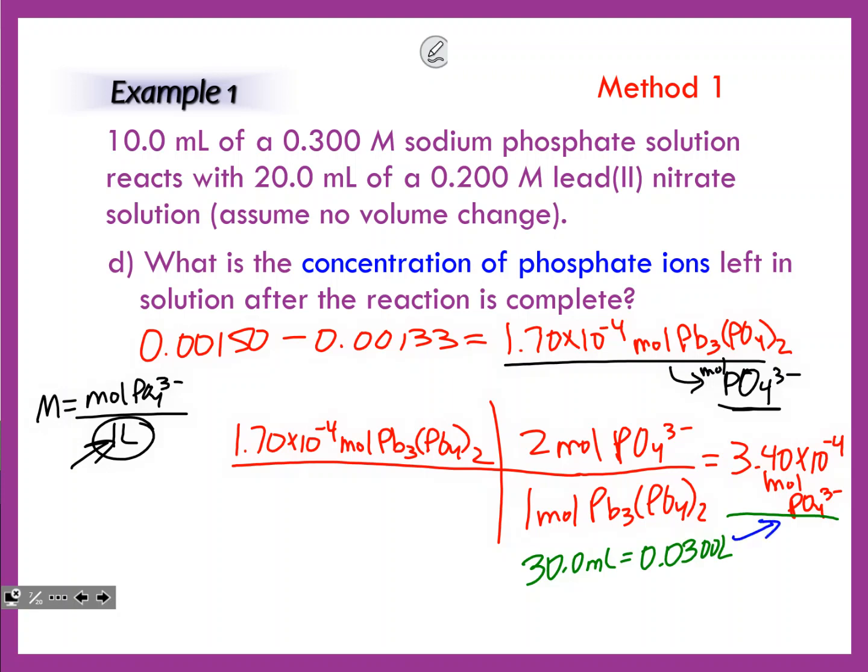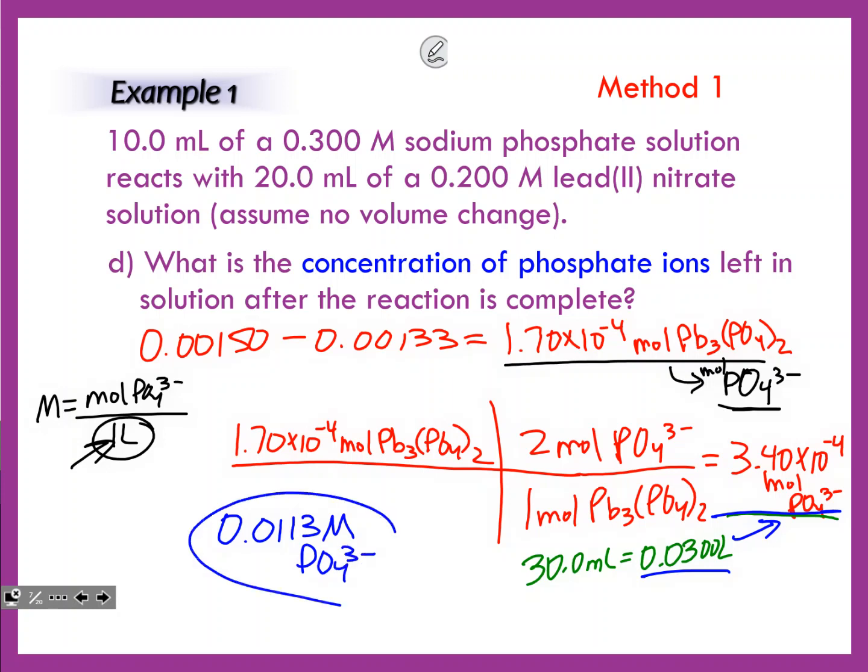So divide by our 0.03. And we get our resulting concentration. I think that's the easy way, but we can try the limiting reactant way if you'd like to look at it.